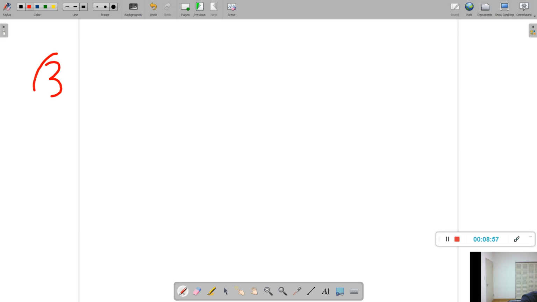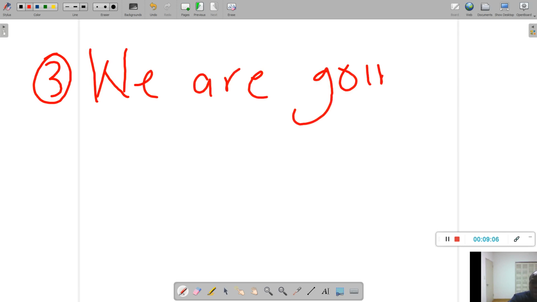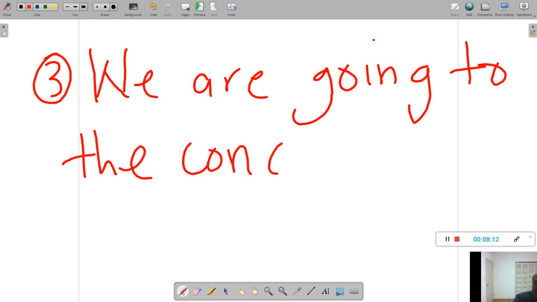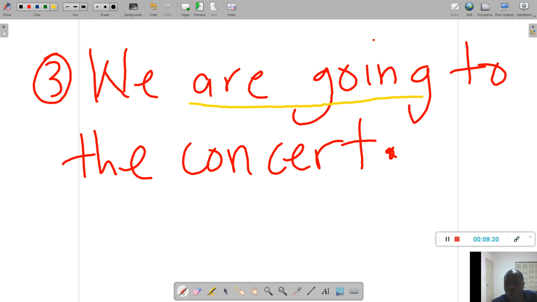Example 3: We are going to the concert. If you look at this sentence, after the subject, we, and immediately after it are the verbs, the helping verb are and the main verb going, then the preposition to and the concert.